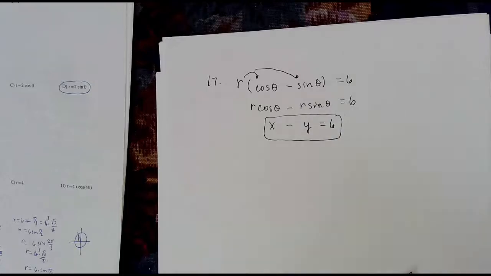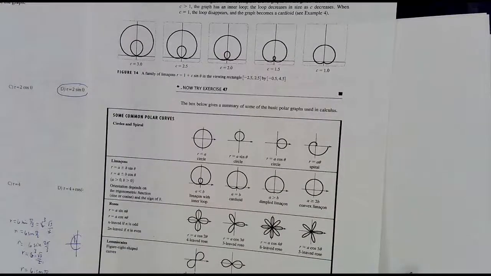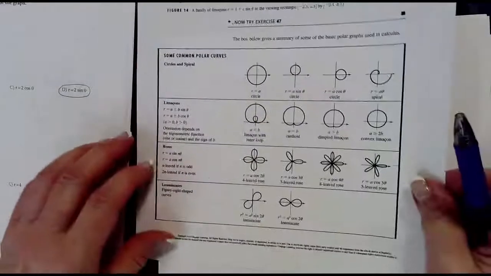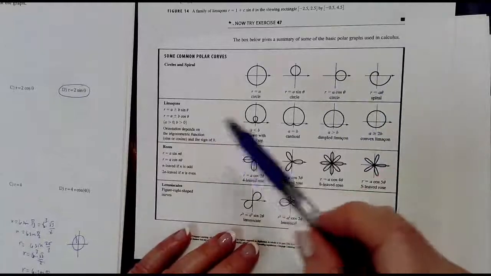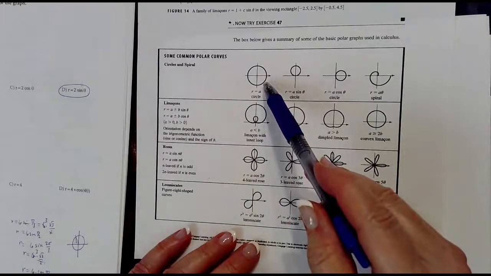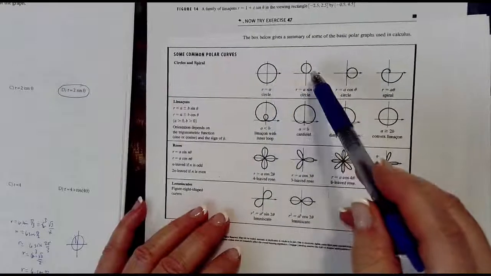Okay, so this is one that was online that you can look up underneath your homework assignment. So we talked about this a little bit where we said that we wanted you to be able to see the equations and be able to associate them with what the picture is supposed to be. Okay, we said that this one was going to be a circle.